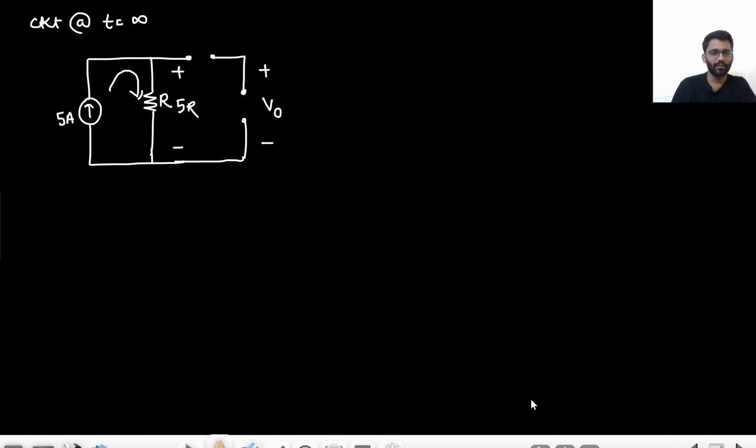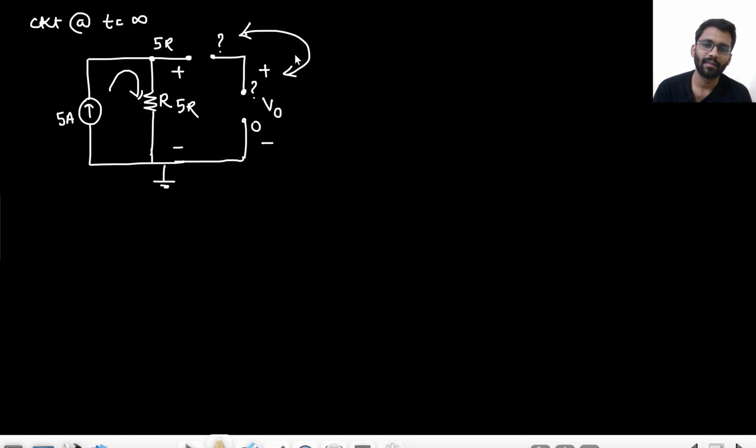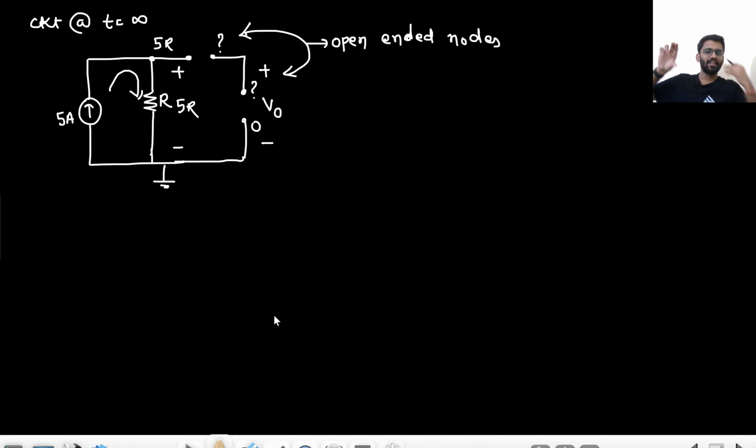Now tell me what will be the value of V naught? If this is grounded, what will be the potential of this point? 0. What will be the potential of this point? That will be 5R. Do you know the potential of this point? No, because they are open ended nodes. You don't know the potential of this point, but you know one thing: 5R voltage is applied to two capacitors.